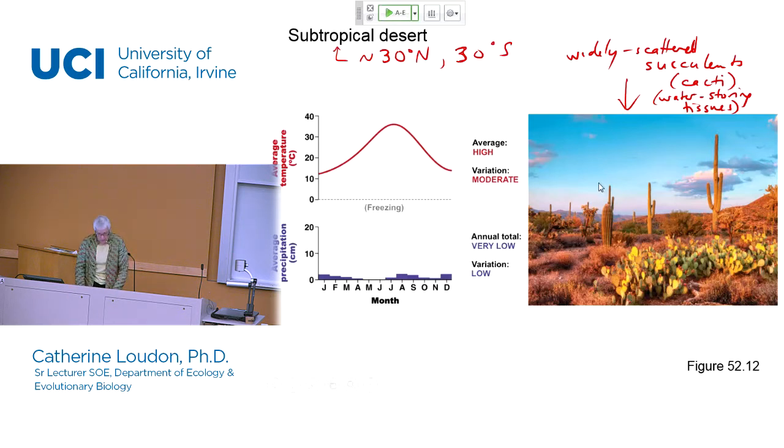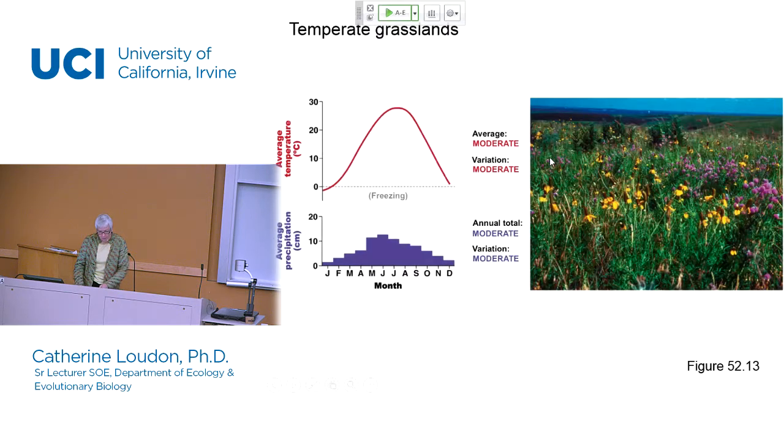Okay, I think that's all that I want to say about deserts. Let's go ahead and move on to the next biome here, temperate grasslands. And first, let's consider what temperate means. Temperate actually has a couple of different meanings. Temperate means mild, which is certainly relevant in this context, but it also means something specific latitudinally.